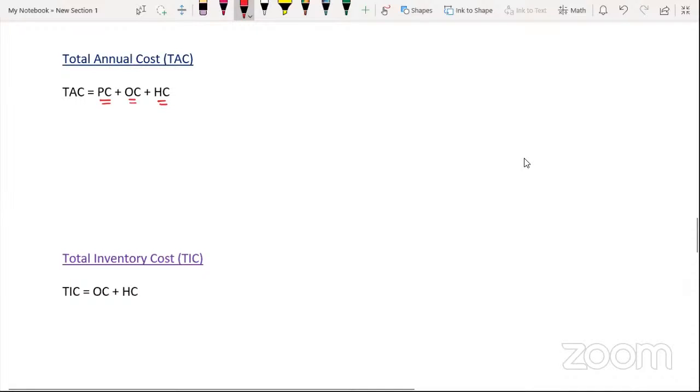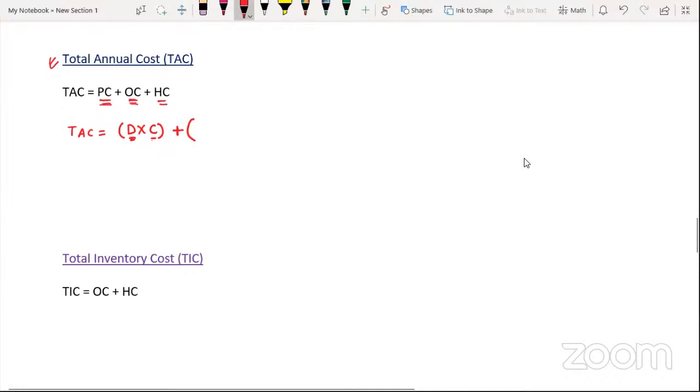There is a clear indication that we are not going to include shortage cost here. So the total annual cost of any item is the summation of purchase cost, ordering cost and holding cost. The purchase cost was the product of capital D into C, where capital D is the annual demand and C is the cost per unit, plus OC, the ordering cost.